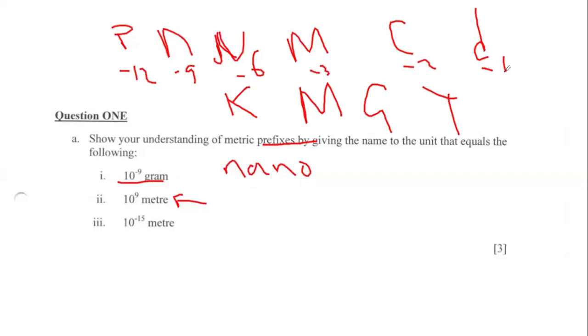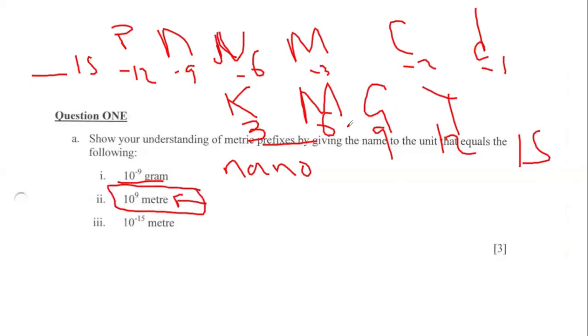This will be minus 1. And then when you come to the kilo here, you'll begin at 3. This will be 6. This will be 9. And then this will be 12. So whatever is coming after tera will be 15, or whatever is coming before pico will be minus 15. So we see that 10 to the power 9 there is just a gigameter. So here the answer will be gigameter. So you have to know that metric system just like that.